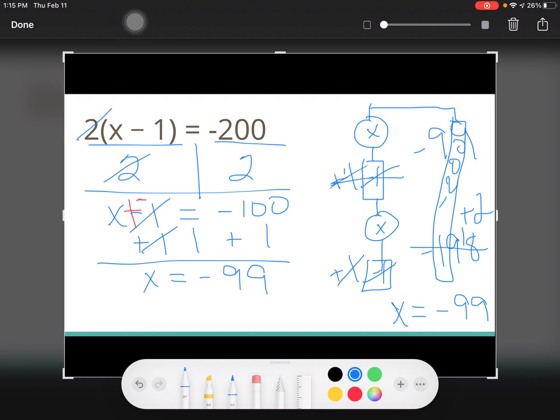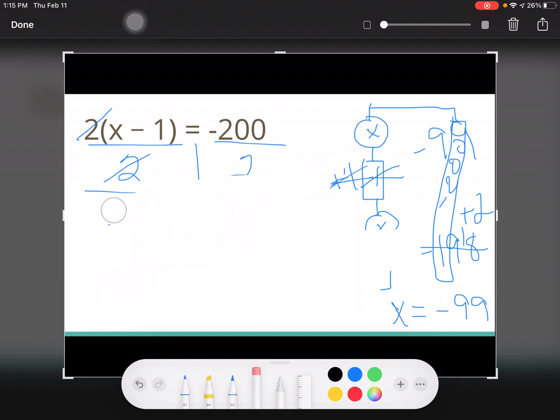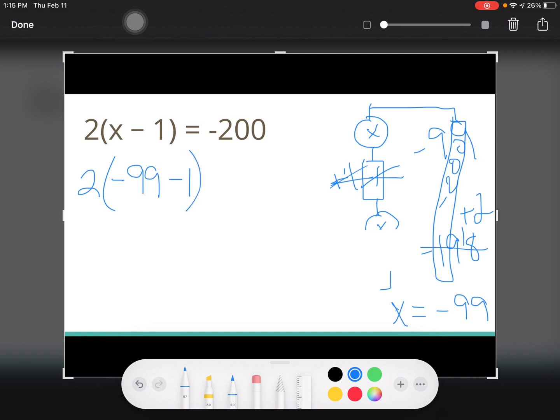Now, if I wanted to check it, let's see if I can figure out how to erase the whole thing. There we go. So we're going to take that negative 99 and see if, in fact, it does check. So we're going to do 2 times negative 99 minus 1. Does that equal negative 200?